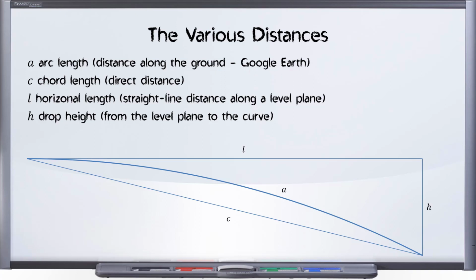And then down here, C: if you just draw a straight line between those two points, as if you were able to shoot a laser beam from there to there, it would be going through the ground in this model, but the straight line distance, I'll call that C for chord length.